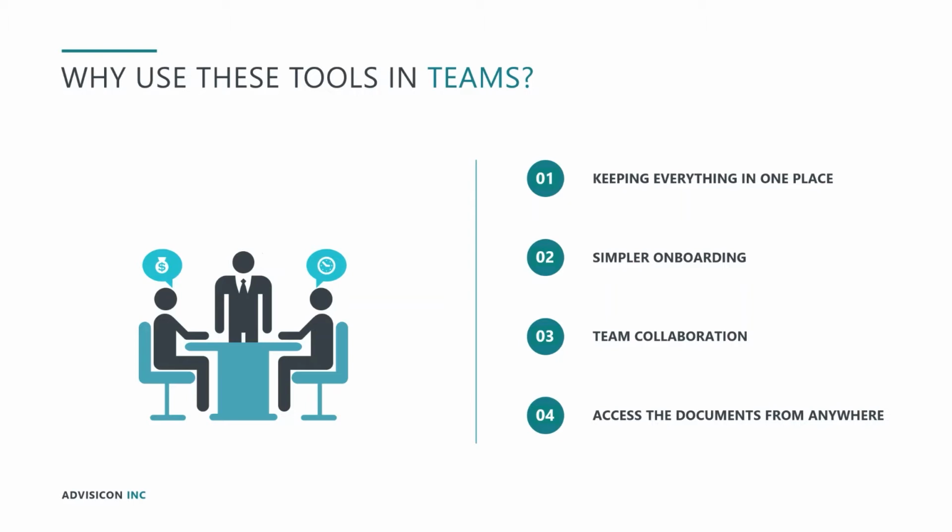If your project has a lot of documents associated to it, then what's going to happen is people are going to go into the document libraries for the projects, and they're going to have to spend time finding the right file that they need. But if you start utilizing some of the integration with Microsoft Teams, it cuts down on the amount of time that they're spending hunting for these documents, especially if it's a document that's universal to the team. Everybody needs it, so everybody should be able to quickly find it.